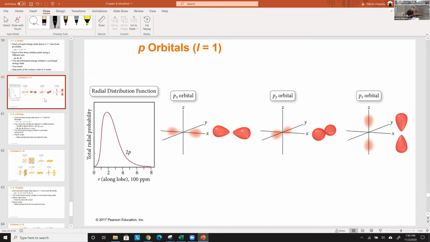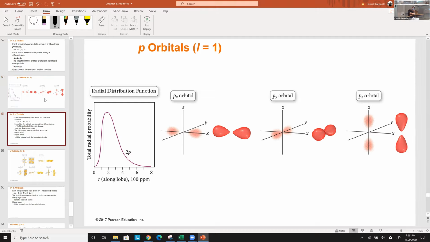In one p orbital, there's 3 subshells: the px, the py, and the pz. Those are subshells. Each subshell holds 2 electrons. 2 times 3 is 6. So that means p can hold a maximum of 6 electrons.